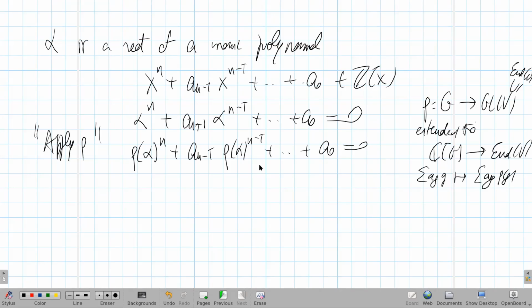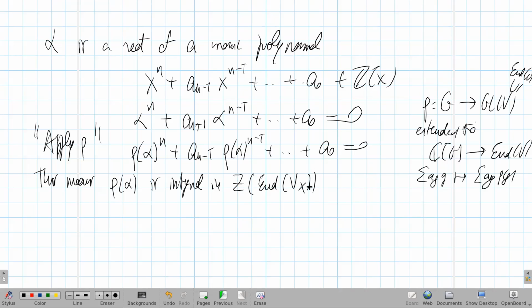And so you see what we have here. This means rho of alpha is integral in the center of the endomorphism algebra of chi, okay?